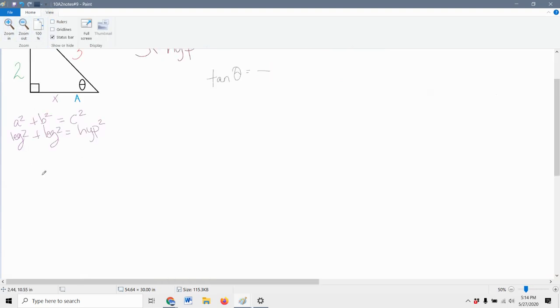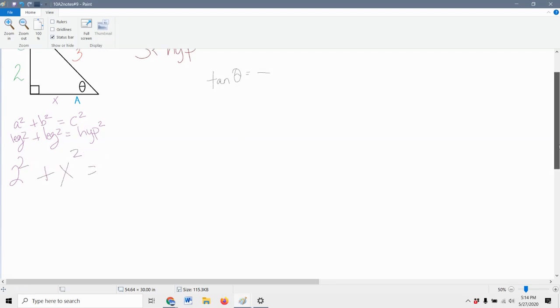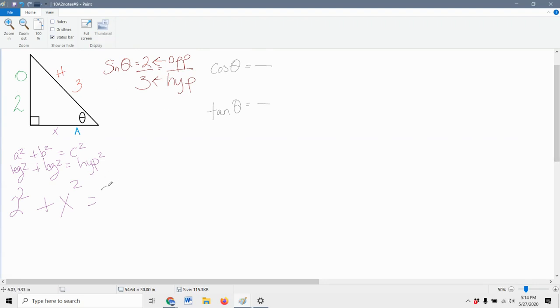So when we fill in our formula, 2 squared plus x squared equals, now our hypotenuse is 3 long, so 3 squared. We'll go ahead and multiply out our squares here. 2 times 2, or 2 squared, is going to be 4. Then we have x squared equals 3 squared, which is 3 times 3, or 9.